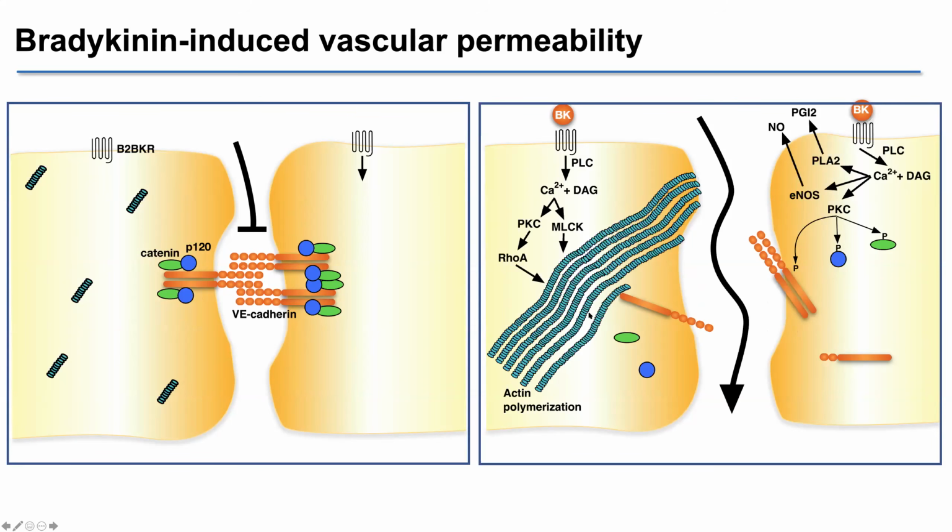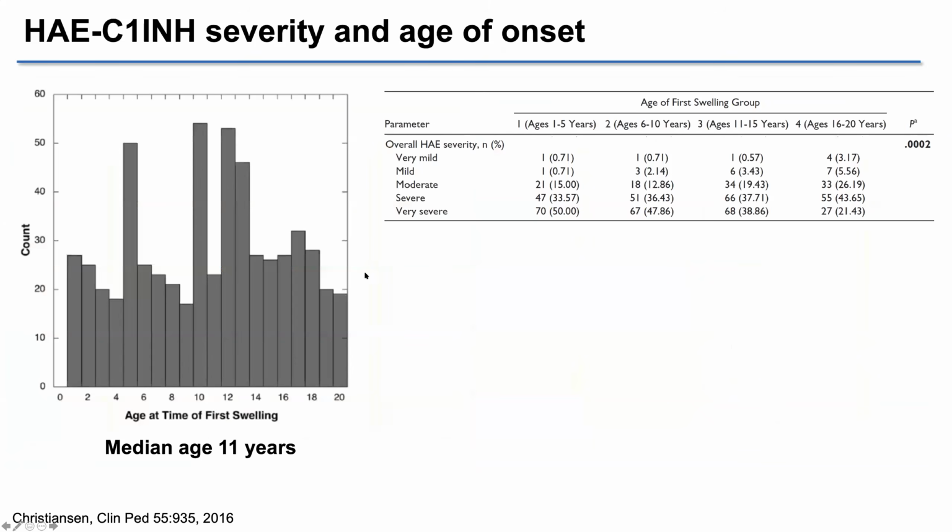It also causes actin polymerization, so contraction of the cells, which widens the gap between the cells so fluid can move through. And very simply, that's how the angioedema occurs, and it's why it's important to treat early in HAE before you get this movement of fluid that can't then easily be reversed.